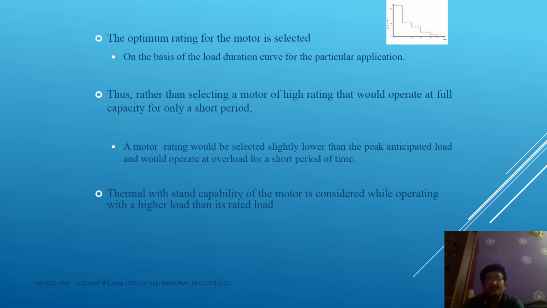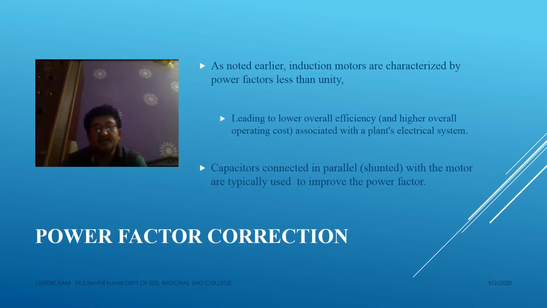If it runs at a higher load, the temperature is surely going to rise. The insulation in the motor should withstand the heat raised by loads above the rated load. It should have that withstand capability, so that should be considered here.